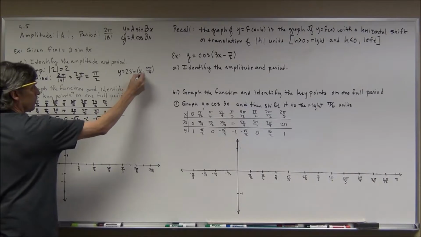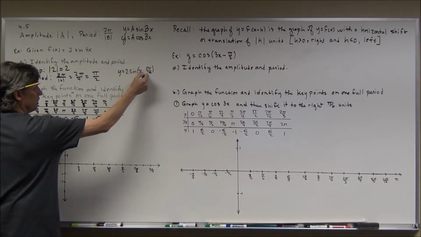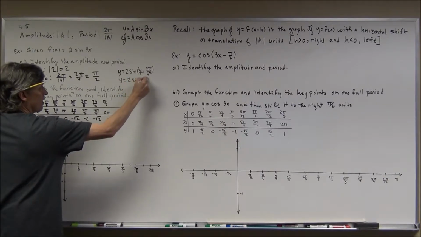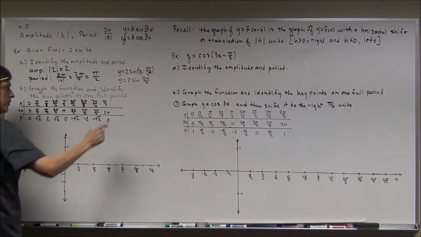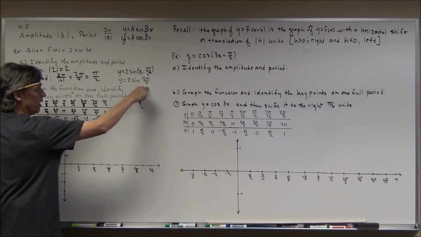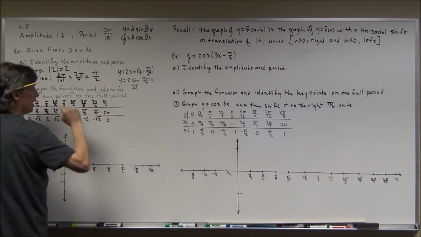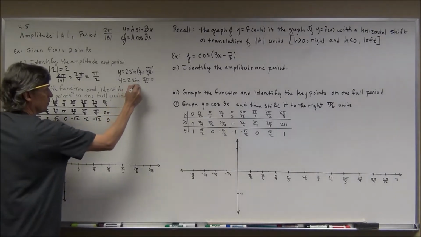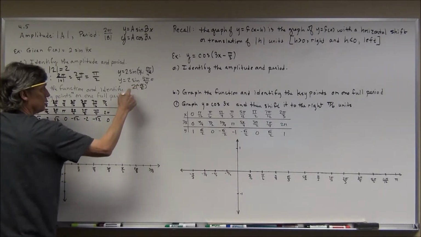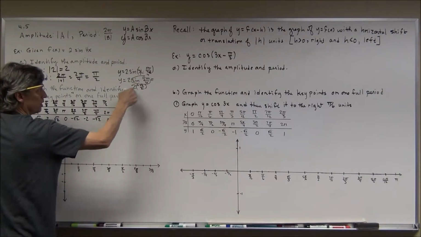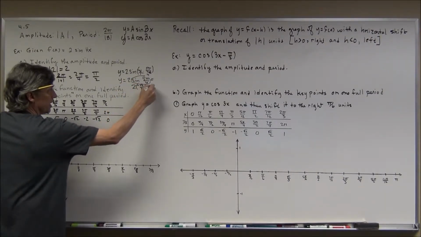Now when I multiply the 4 times the 5 pi over 16, it simplifies. I have 2 times the sine of 5 pi over 4. The sine of 5 pi over 4 is one of those values that you should have memorized: negative square root of 2 over 2. So when I multiply negative square root of 2 over 2 times the 2 in front, I get negative square root of 2.